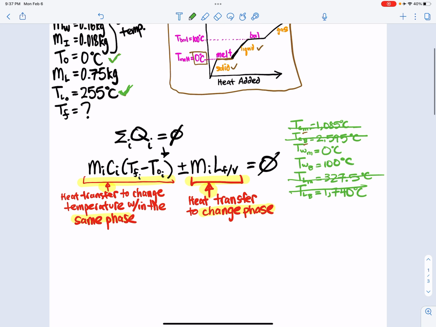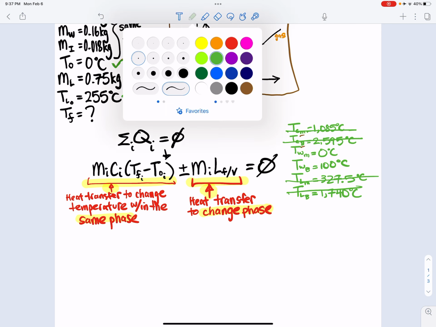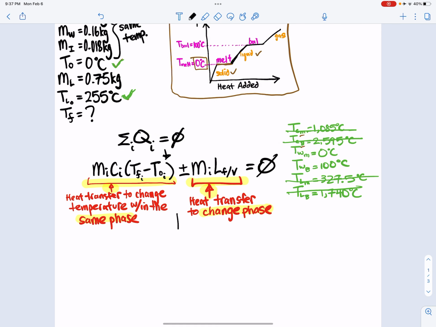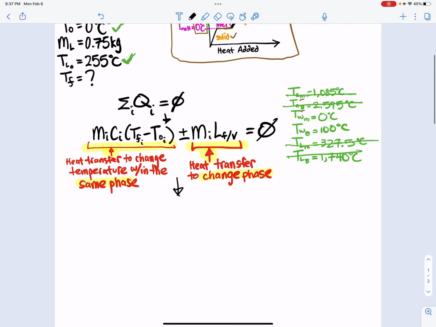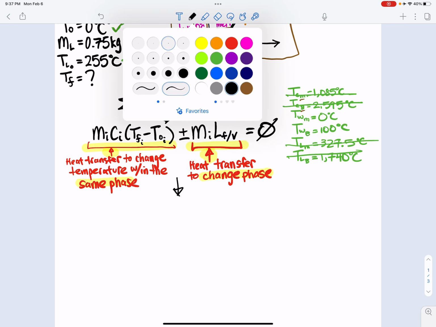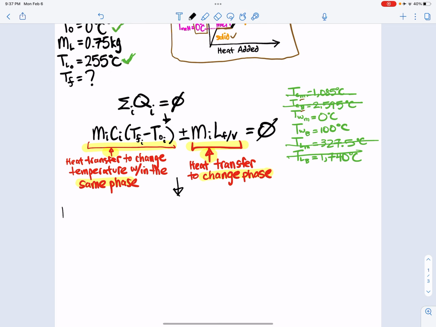Okay, so now I can go ahead and use this equation. I'm going to use a thinner pencil. Hopefully this can still be read. Okay. So I have the mass of my copper times the specific heat of my copper times the change in temperature of copper, so T_f minus T naught.